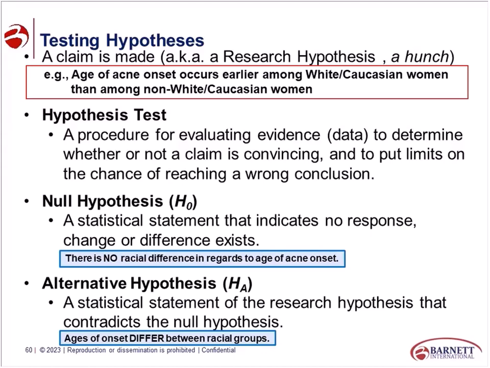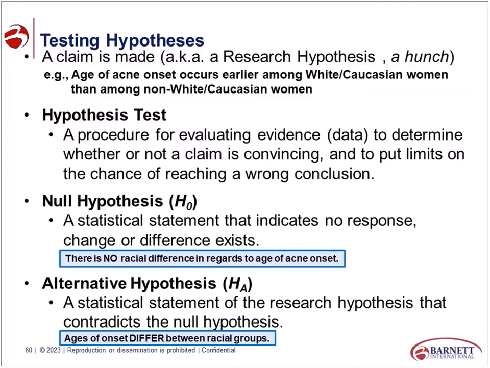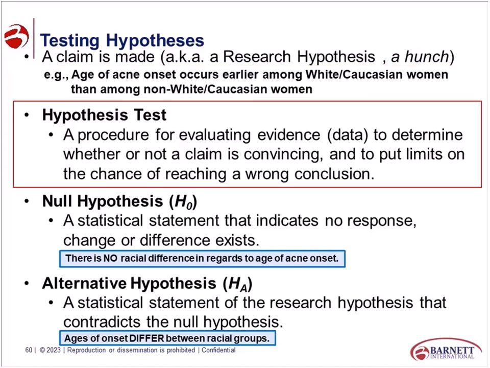So when we conduct a study, we already have a hunch, and that is a research hypothesis. Now, how we construct a test statistic: we collect the data, which is the evidence, and determine whether the claim is convincing and put limits on the chance. So all we do in hypothesis testing is rule out chance. We collect our data, we look at the opposite, we do some analysis, and then we try to rule out the chance finding.